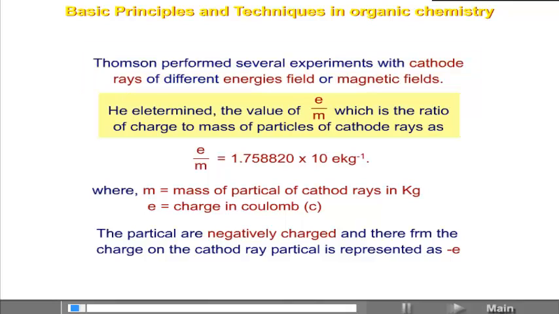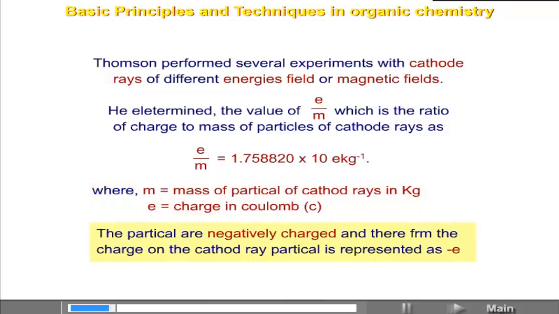He determined the value of e/m, which is the ratio of charge to mass of particles of cathode rays, as e/m is equal to 1.758820 × 10^11 C/kg, where m is the mass of particle of cathode rays in kilograms and e is the charge in coulombs.